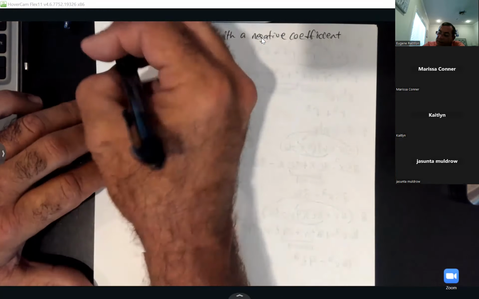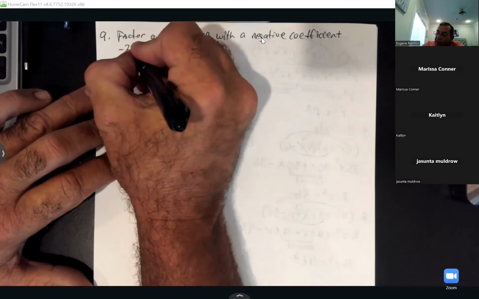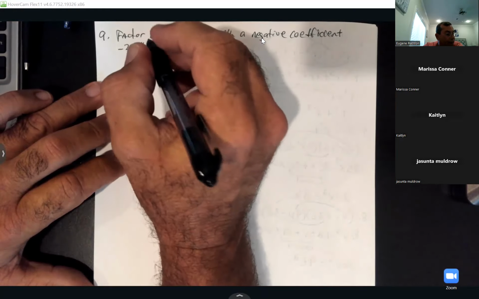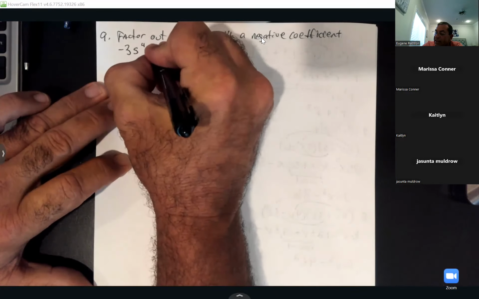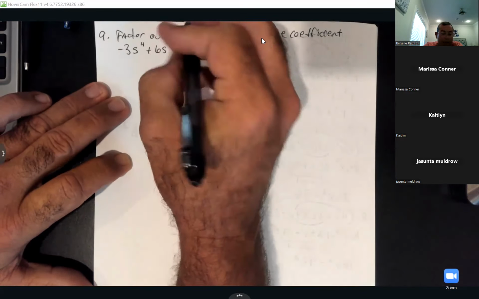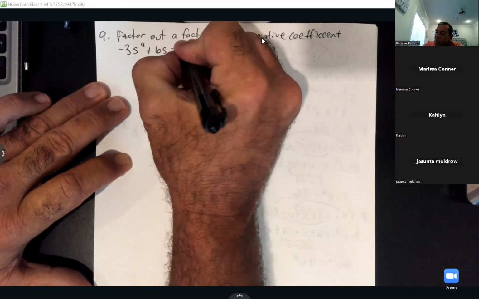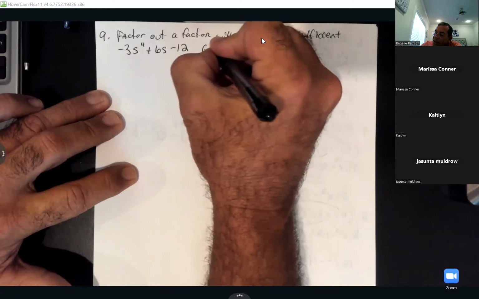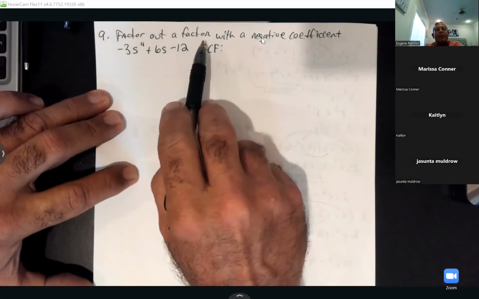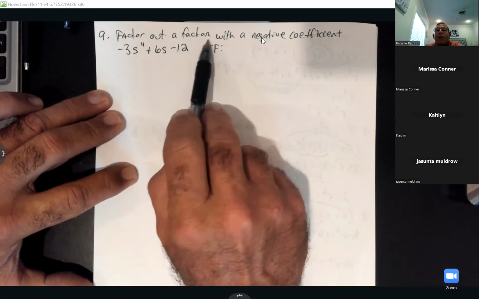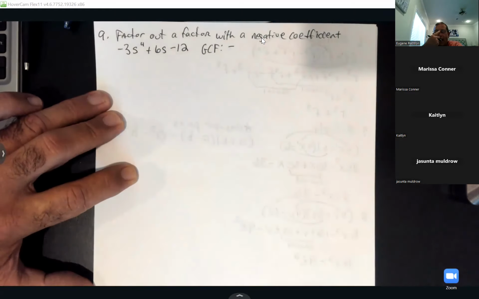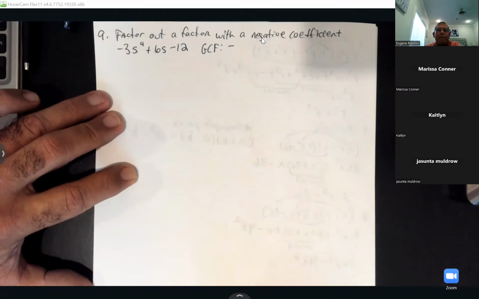They're giving us negative 3s to the 4th plus a 6s minus 12. So you're basically factoring out a GCF on this is what they're asking. And they said they want it to be negative. So I'm factoring out a negative number no matter what.